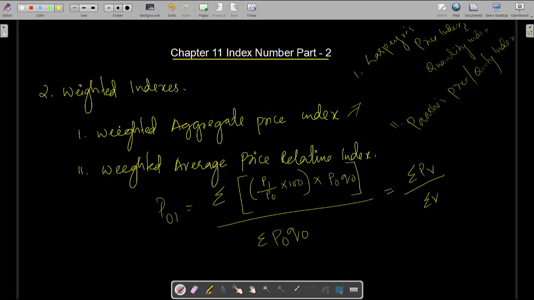Before we solve the questions, let's learn the formula of Laspeyres' price and quantity index, and the second one, Paasche's price and quantity index. First, let's learn about Laspeyres' price index. Whenever we're talking about price index, we denote it as P, P01.